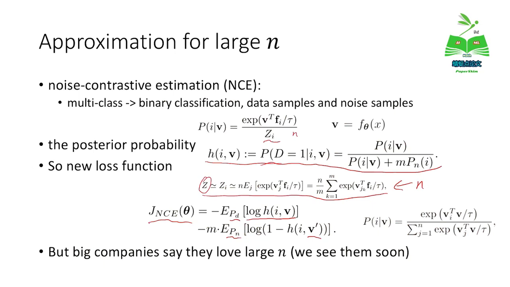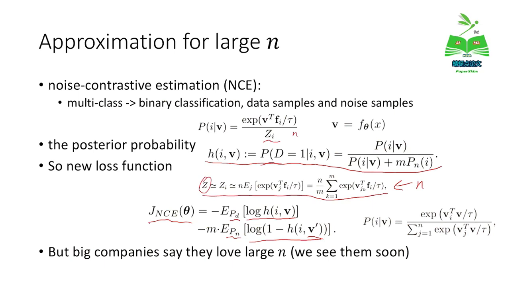It's another image, so it should not belong to the sample i. So it uses 1 subtract the probability for v prime. The v prime should not be the ith sample.